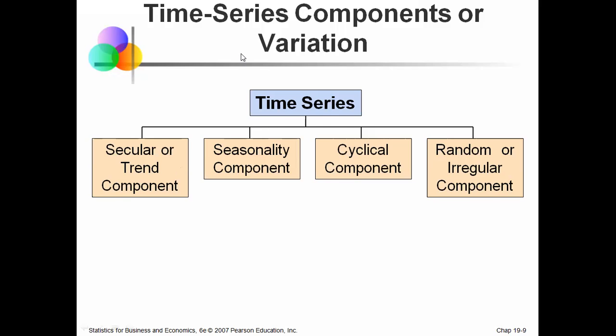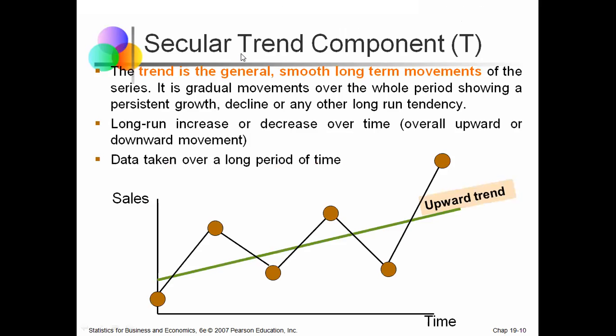The first one is the secular trend. Generally, the secular trend or trend component is indicated with T. You can remember the first thing: the secular trend component is indicated by capital T. Generally, the secular trend is a smooth long-term movement.